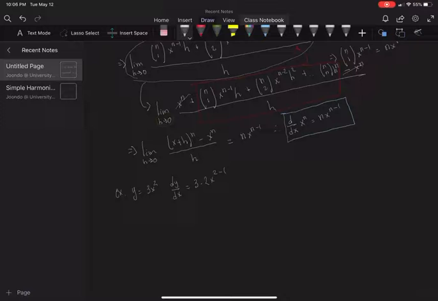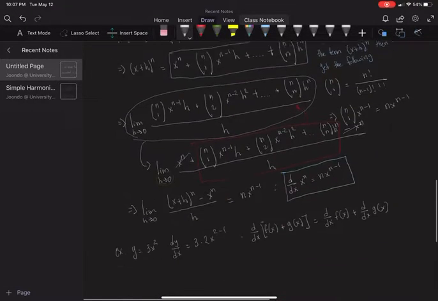So another thing that we have to recall is that the derivative of some function of x plus another function g is the same thing as the derivative of f of x plus the derivative of g of x. Okay?